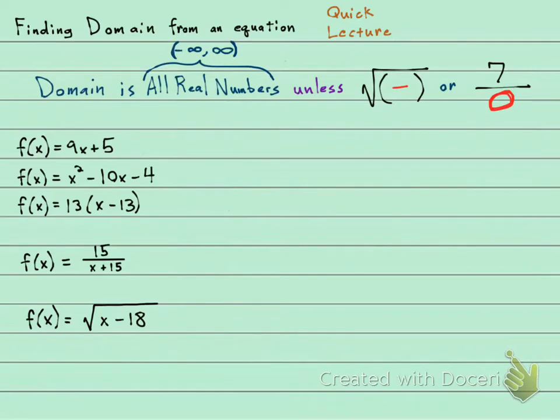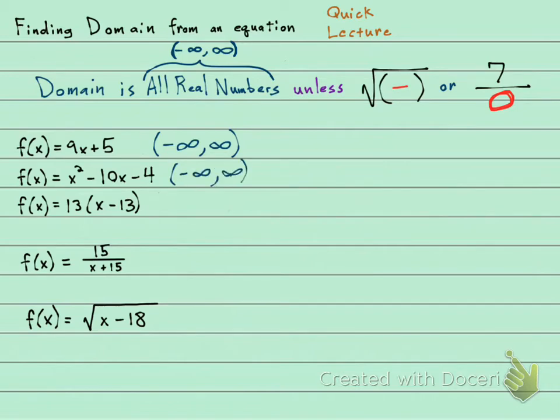So let's look at our first example right here. The f of x equals 9x plus 5. What's my domain? All real numbers, negative infinity to infinity. Do I have a fraction or a radical? Nope. Look at the next one. Okay, yeah, it's a trinomial, but the domain is all real numbers.